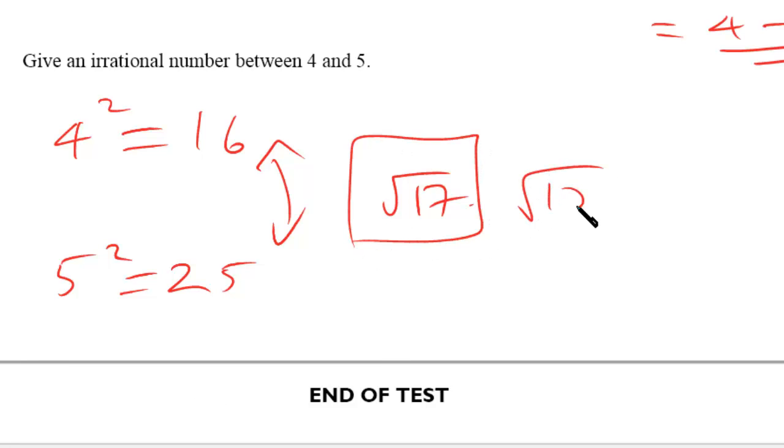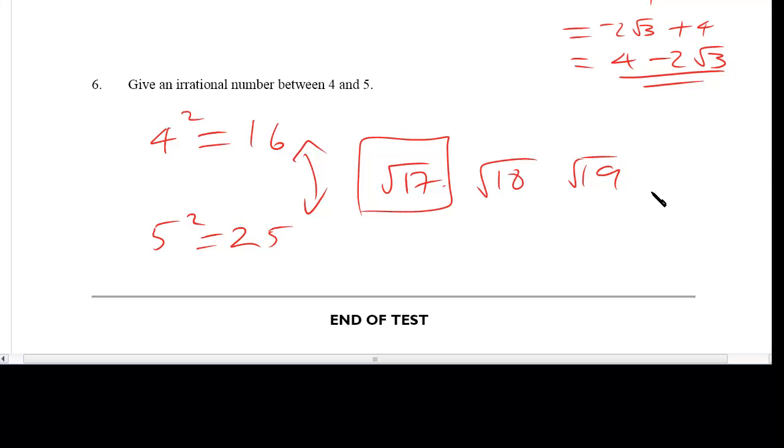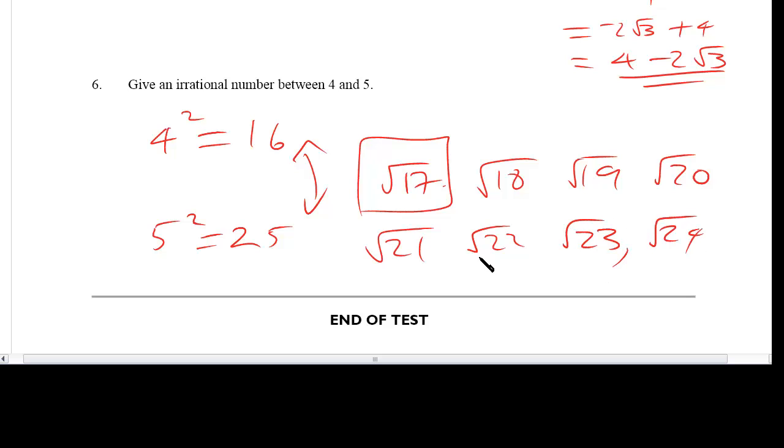So will the square root of 18, 19, 20, 21, 22, 23, and 24. And in fact, there's an infinite number of answers between 4 and 5 that are irrational, because we could do the square root of 17.5. That would also be irrational, the square root of 17.1, and so on. So there's loads of possibilities, but here are the easiest 8 to spot.